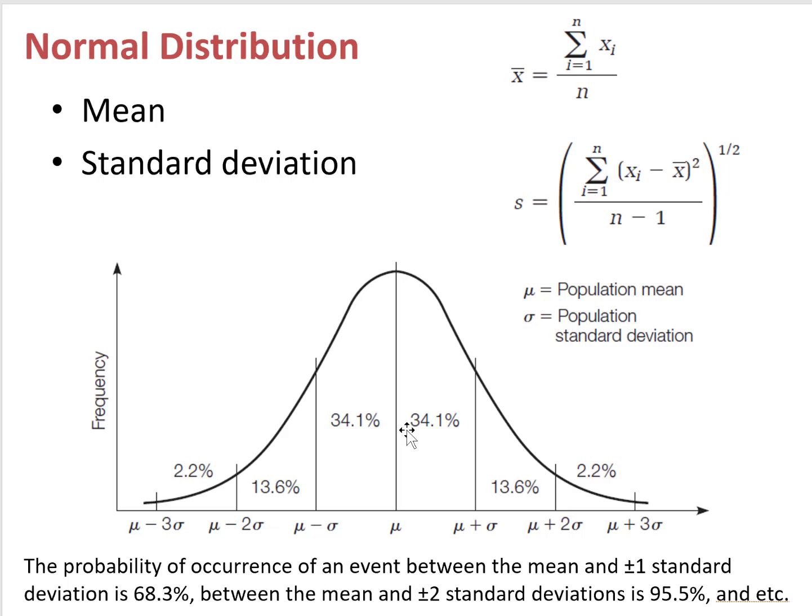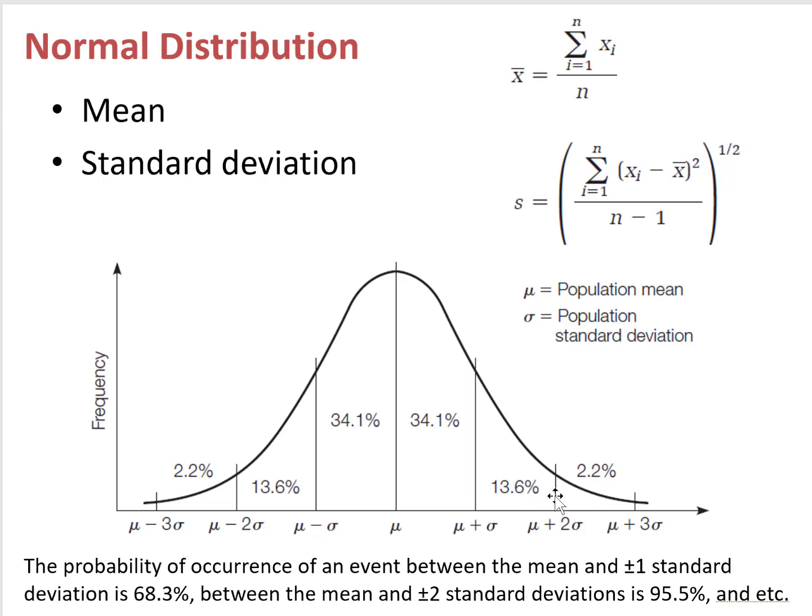For example, the probability of occurrence of an event between this value, which is the mean minus standard deviation, to this value, mean plus standard deviation, will be 68.3%.